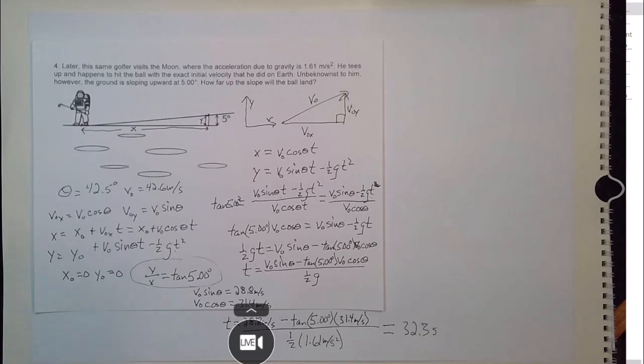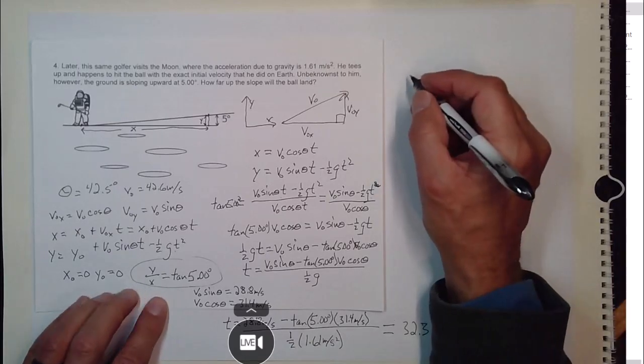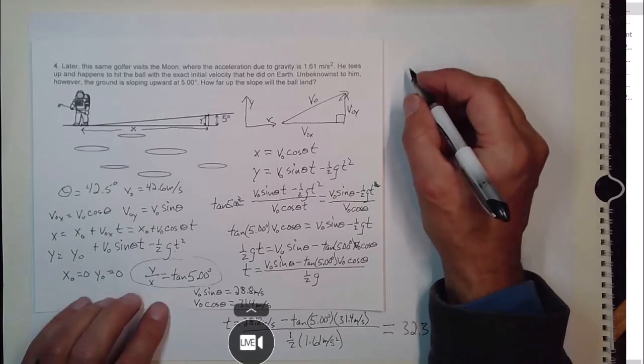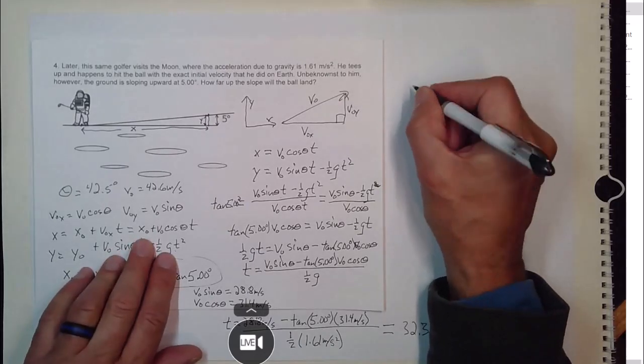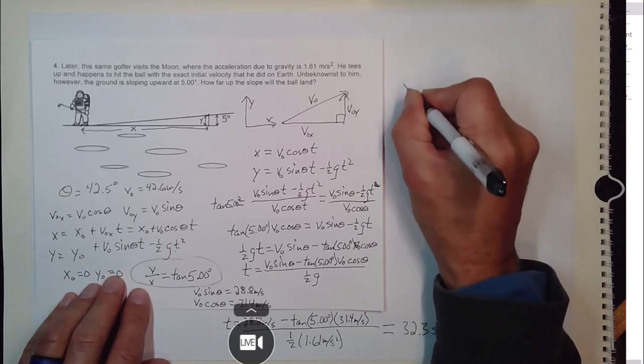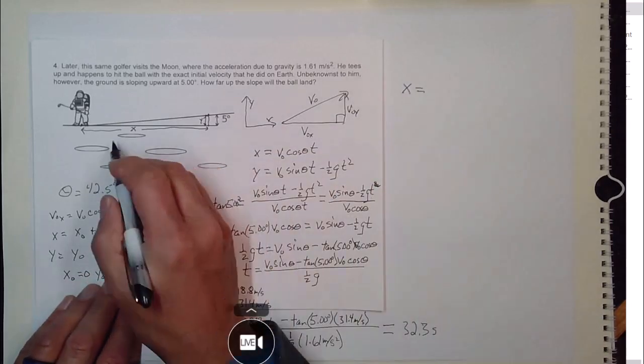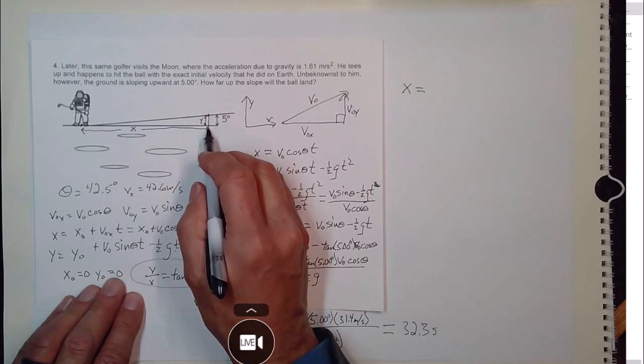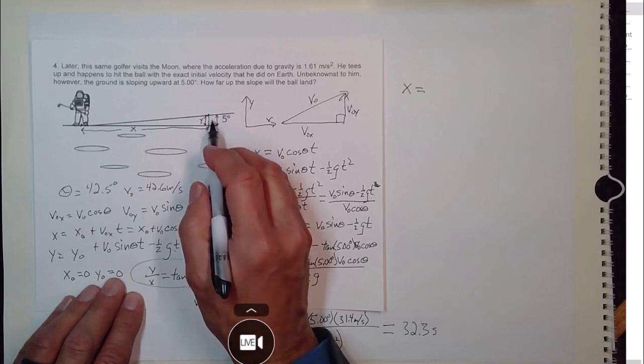All right, well, that's only how long it's in the air. How far up the hill is it going to get? I can go to my x position equation, and that's just going to be the x distance it travels, the horizontal distance to this point under here.